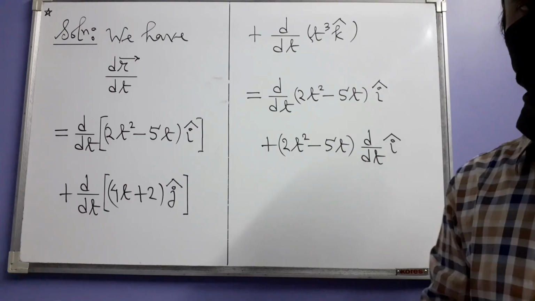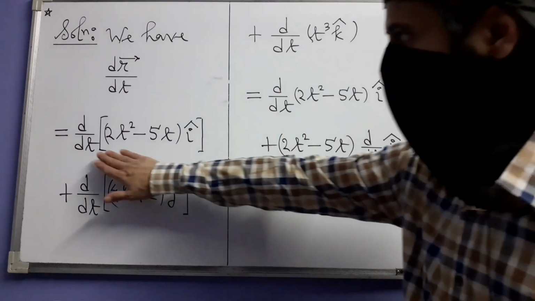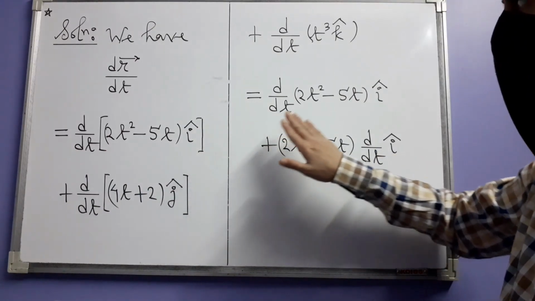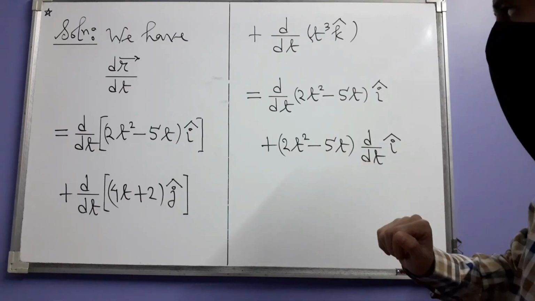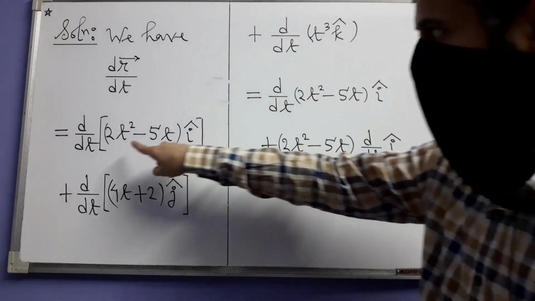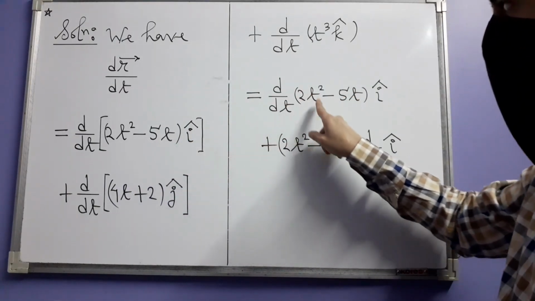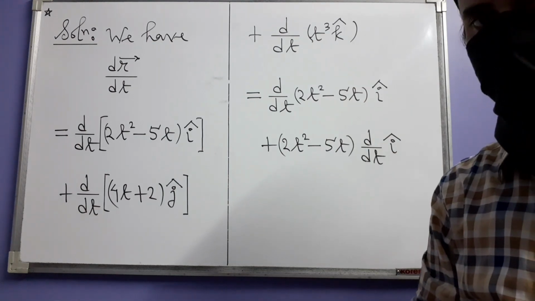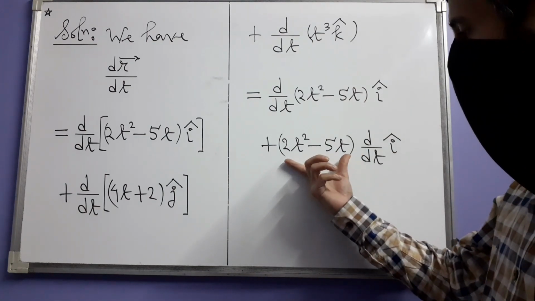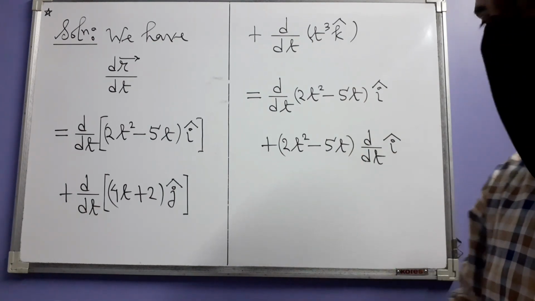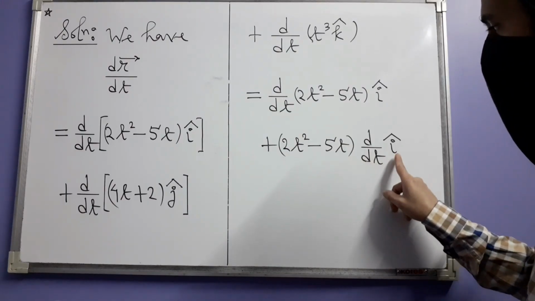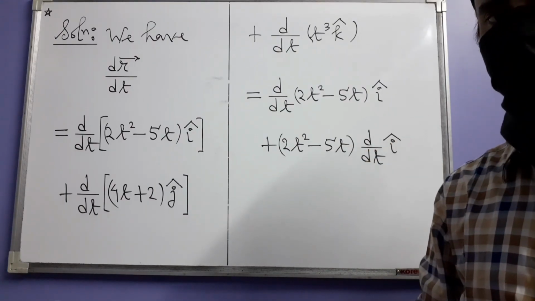So that is why by rule 2, this derivative will be this plus this. Here you have differentiated the scalar function, and with that you have multiplied the vector function. Here you have kept the scalar function intact, and with that you multiplied the derivative of the vector function.